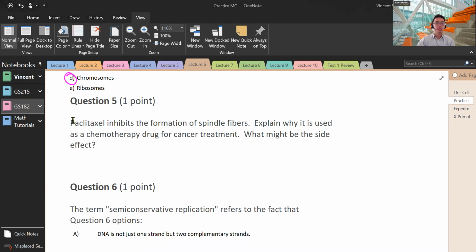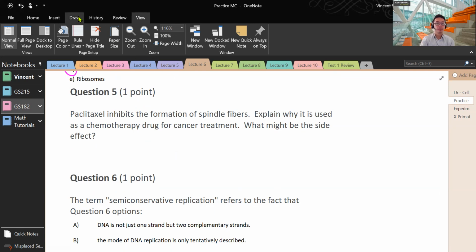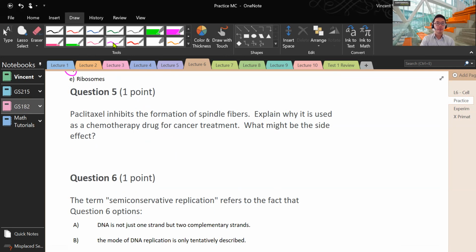Anybody want to take a shot at that before I explain it? How does inhibiting the formation of spindle fibers be used as a chemotherapy drug? Okay.